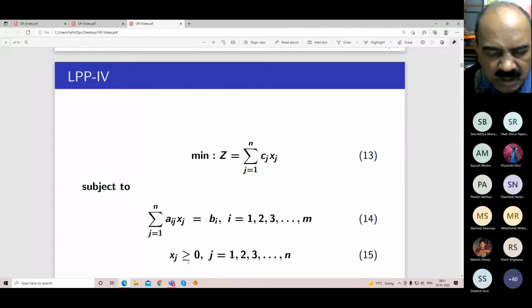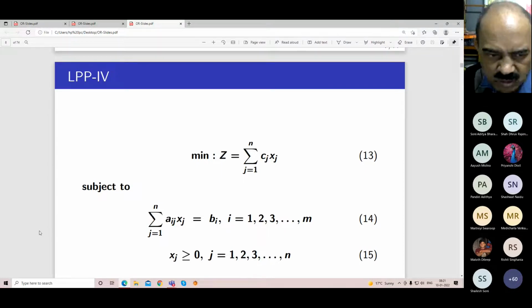The number of experts needed, or the number of managers or engineers required for a project, sometimes has to be a whole number, so it cannot be negative. So these x1, x2 up to xn are known as the control variables, and they have to be non-negative.